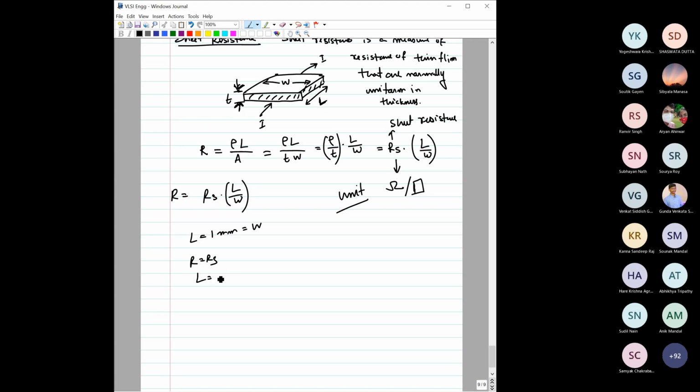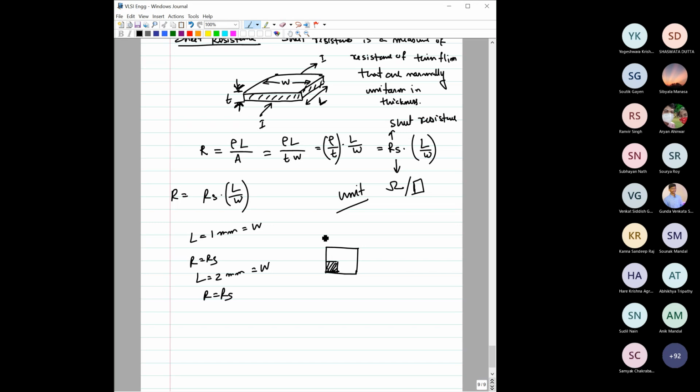Now say L is equal to 2 mm, so does W. Then also the resistance R is equal to Rs. So if you have a square, maybe the square is like this, or maybe like this, for both of them the resistance value is the same.